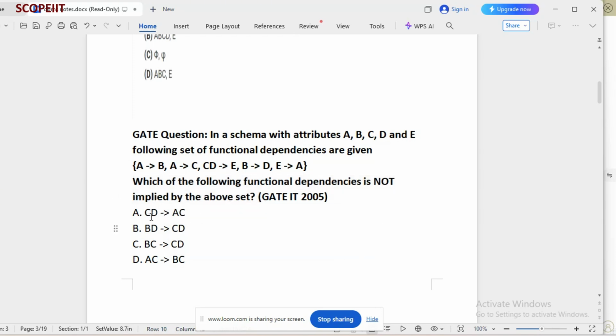You need to find the closure of CD and check whether AC is present on right hand side. Find the closure of BD and check whether CD is present. Find the closure of BC. Find the closure of AC and check whether this right hand side element is present. So out of these four, any one is wrong answer. That is actually the correct answer for you. So please answer this question.